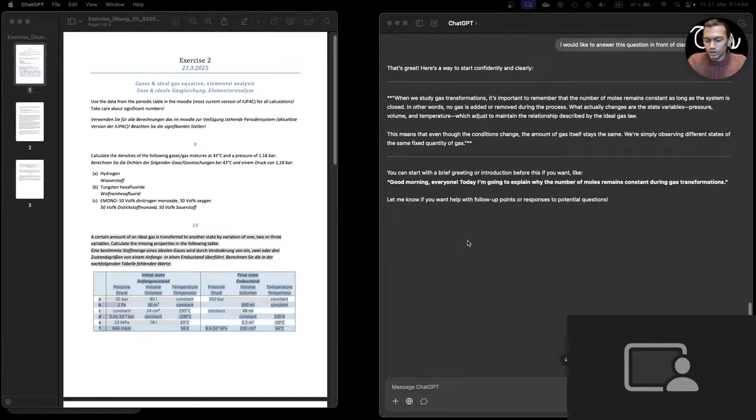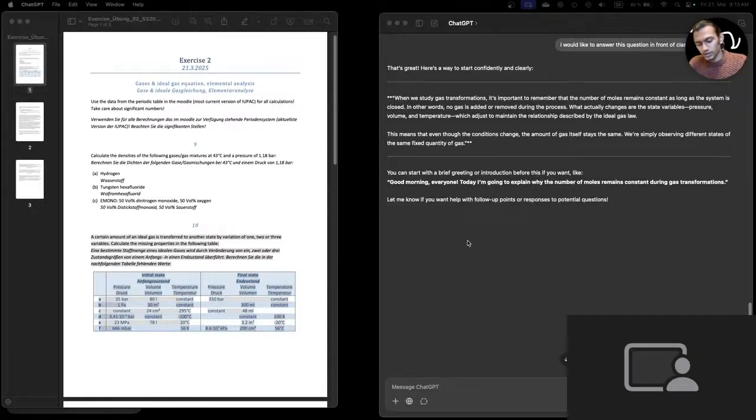The changes are actually seen in the three state variables, that is pressure, volume, and temperature.